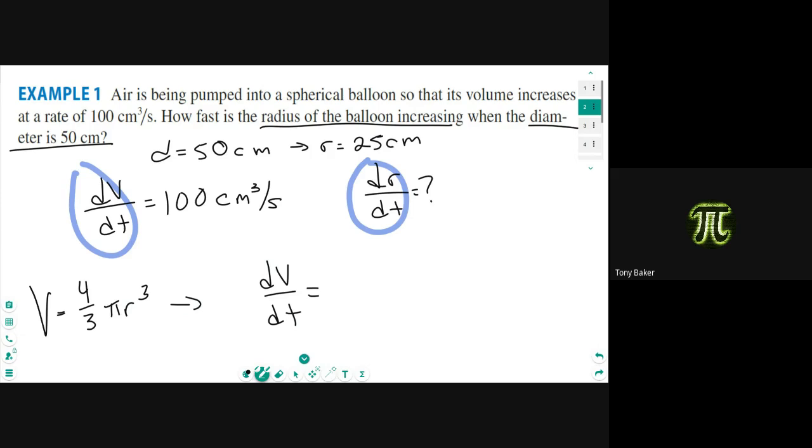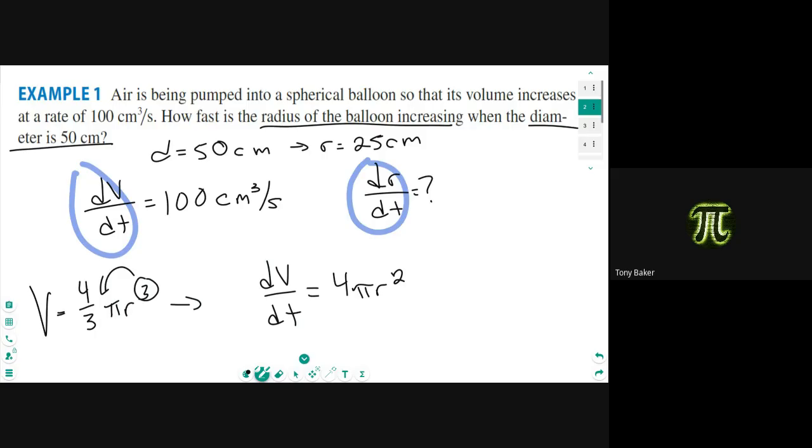What's the derivative of 4/3 pi r to the third? Remember that 3 is brought down and then that's subtracted. We're missing one thing.